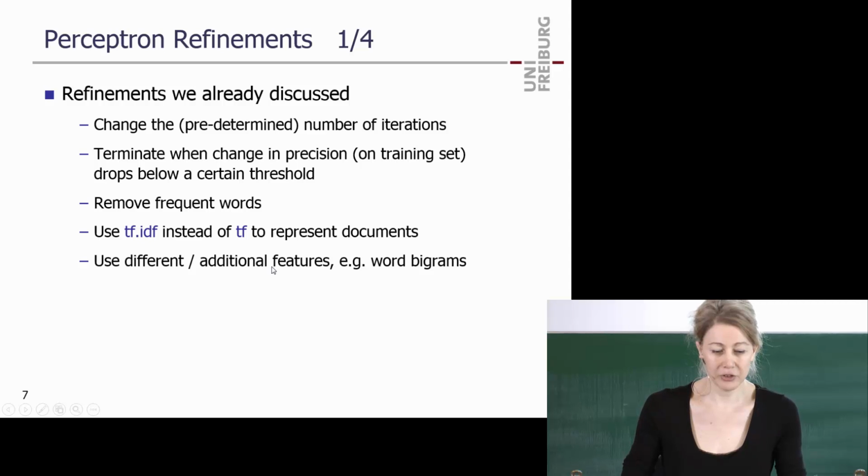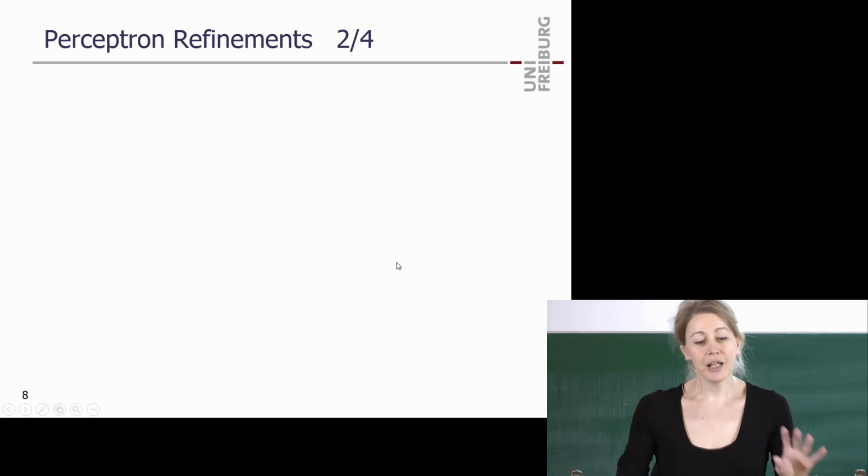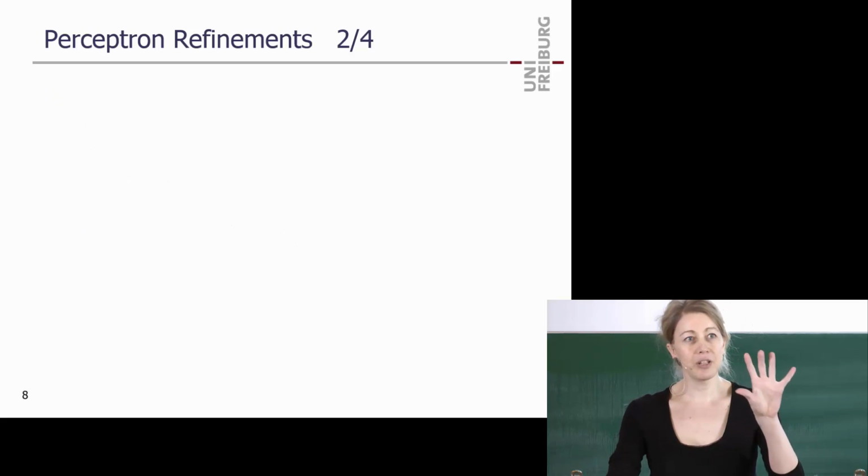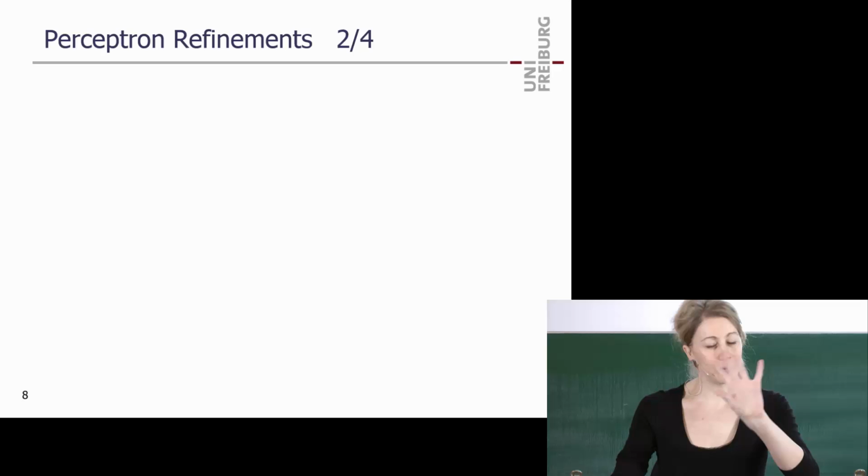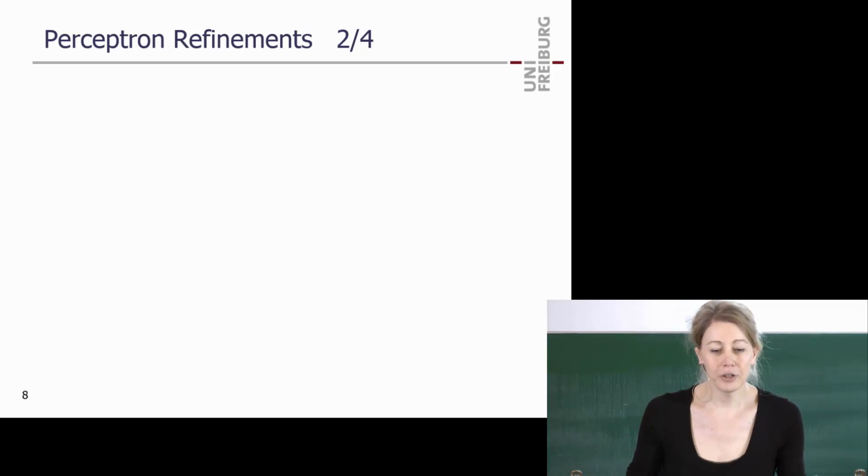Use different features, additional features like word bigrams. We already discussed this. Here, for your curiosity, are 3 more things, and very quickly I will just show them to you. Some of you like to try to tweak something, so I'm just giving a few more suggestions, not the contents of today's lecture.